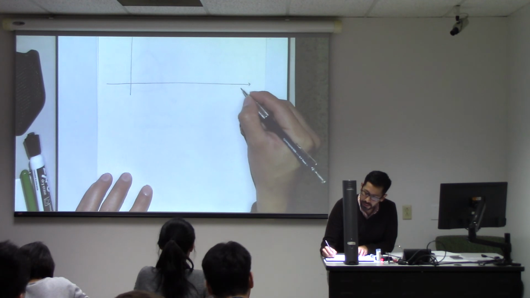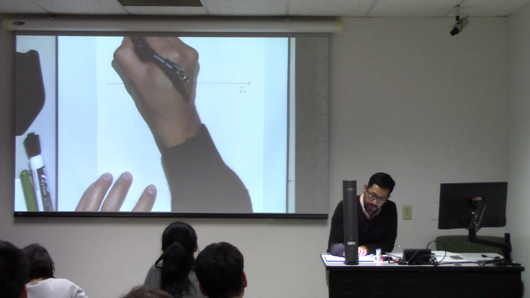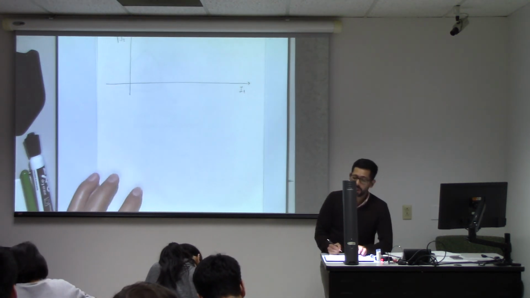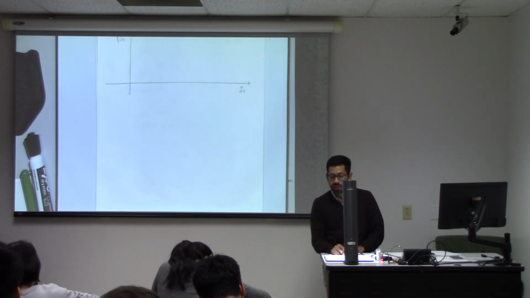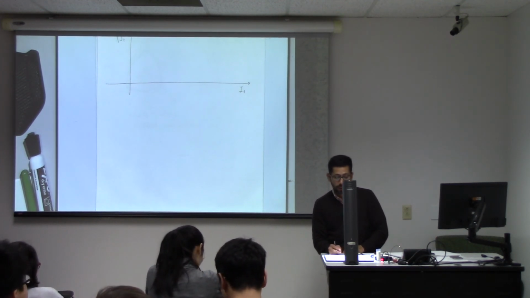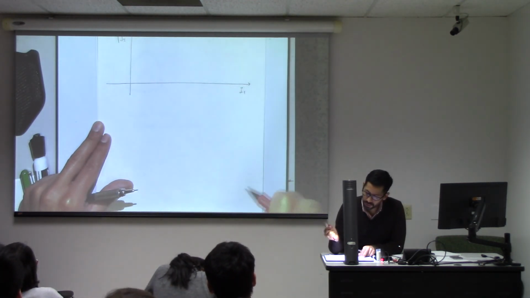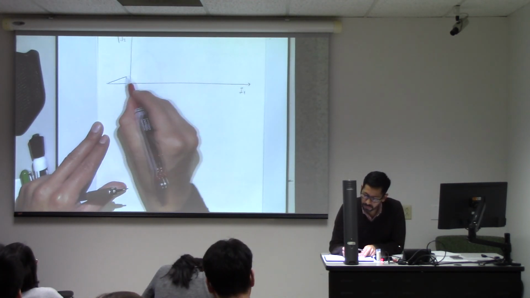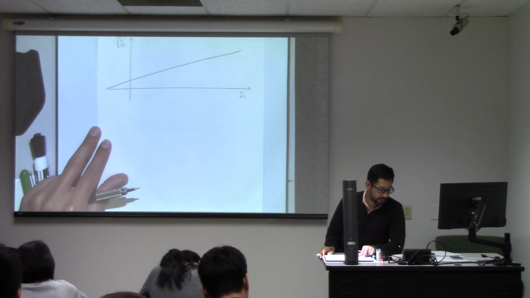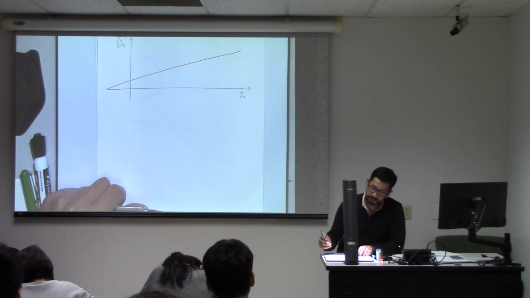Let's say this is the first invariant of the stress tensor, and this is the square root of the second invariant of the deviatoric stress tensor. We have seen so far that we can draw a line that is going to allow me to say when I have shear failure.